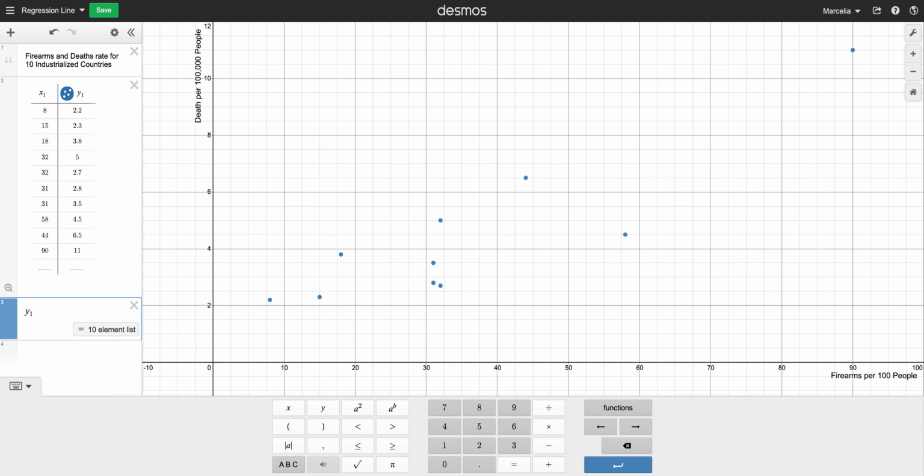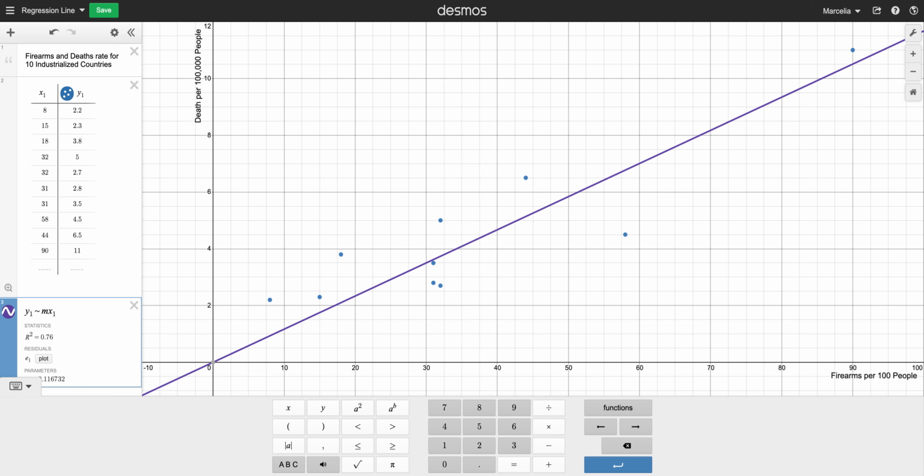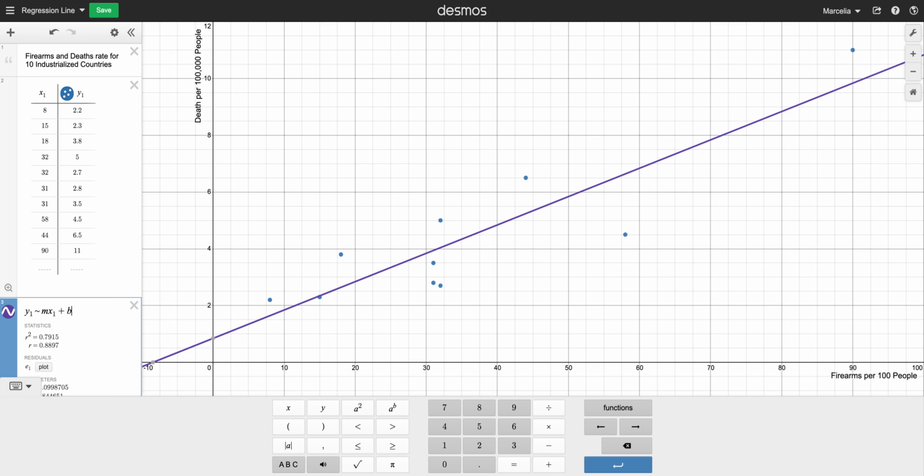Instead of the equal sign, since it is an approximation, I use the tilde. That is the symbol at the left side of the 1, and I press shift to get that sign. And then here I write the general format, m x1, because it's the first column, plus b.